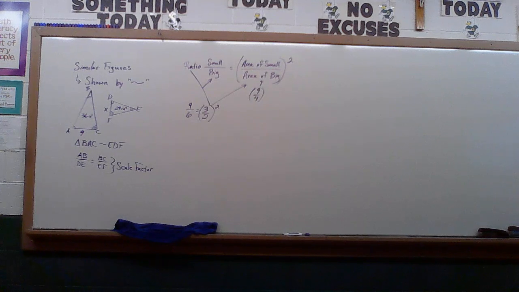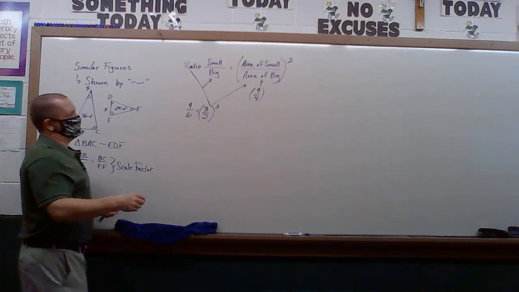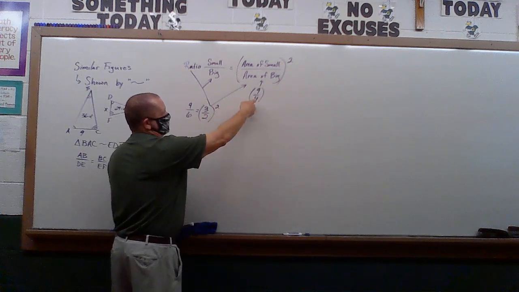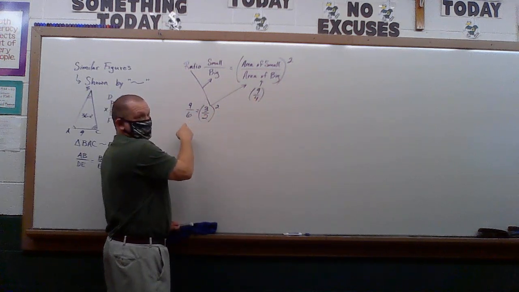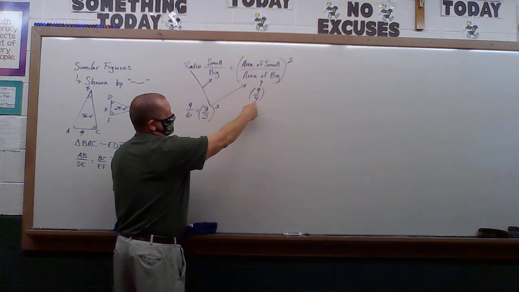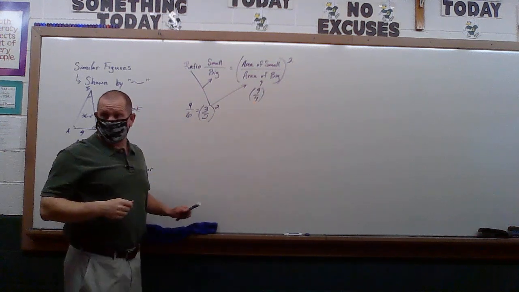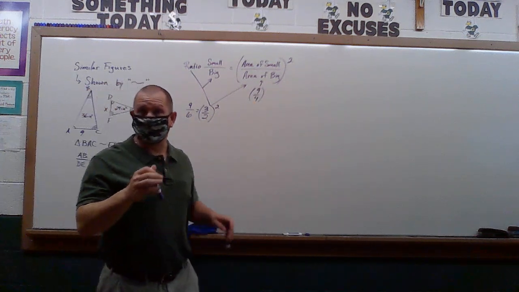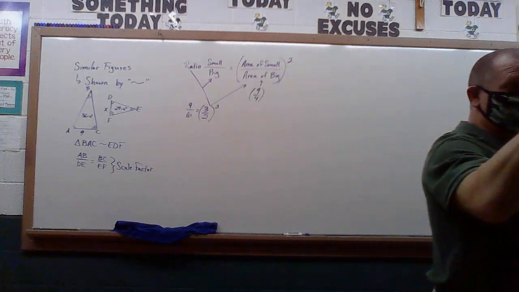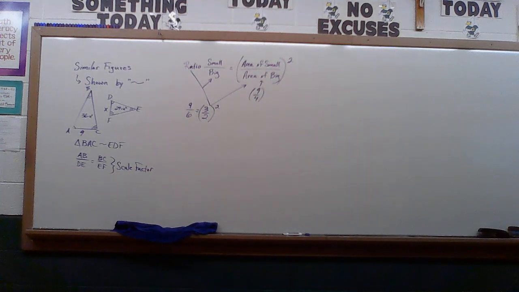And then you can figure it out, because you could use this. But if they give you areas, the first thing I have to do is reduce it back to the original scale factor. You cannot use the squared scale factor in the problem. Okay, so you got to take the square root of the scale factor when it involves the areas. And we'll show you that in the examples. Okay?